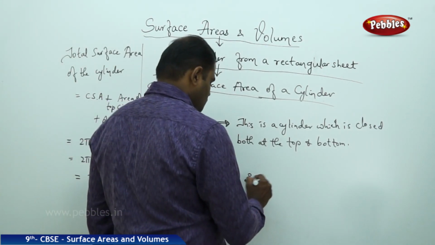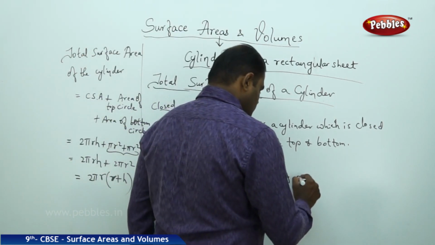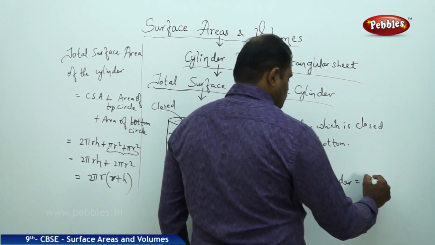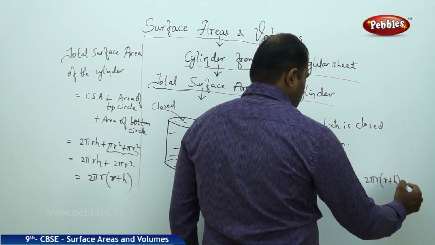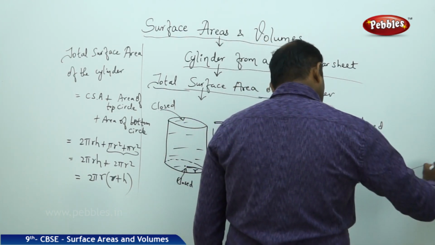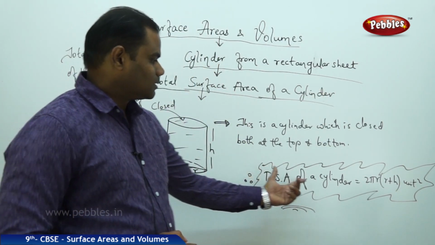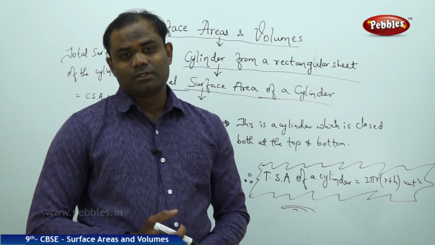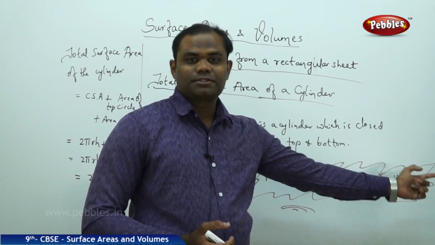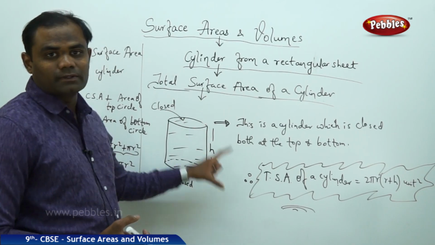Therefore, the total surface area, denoted by TSA, of a cylinder is 2 pi r into r plus h unit square. That is how we understand the total surface area of a cylinder, with the top and bottom included, where r is the radius and h is the height of the cylinder.